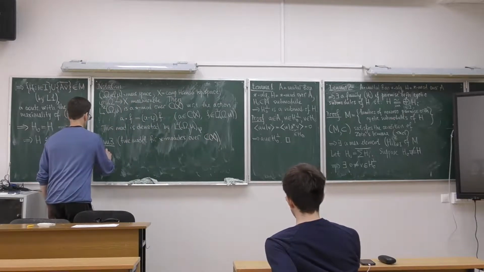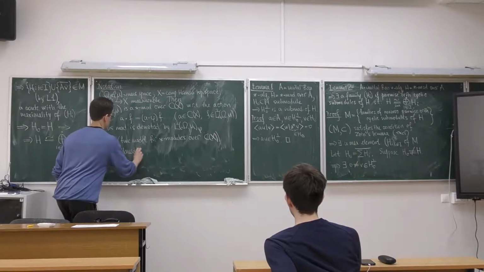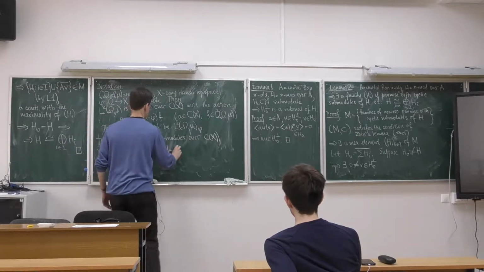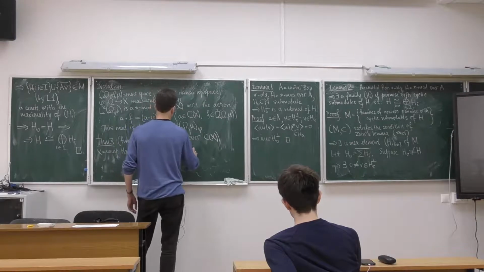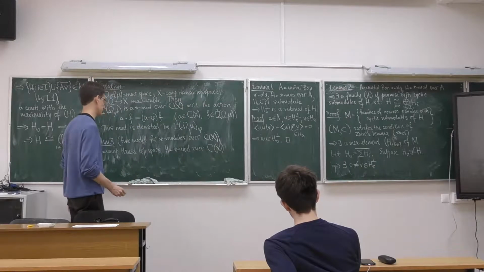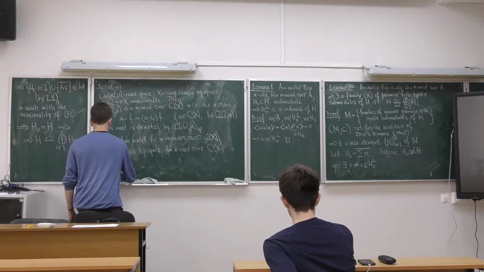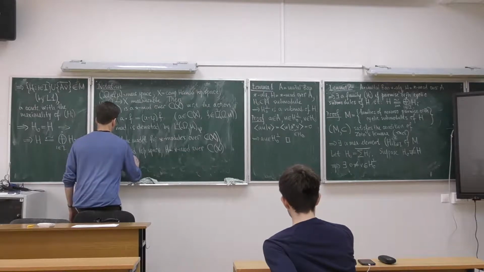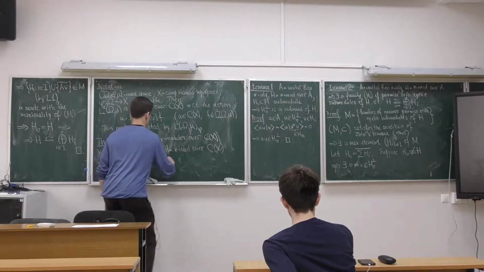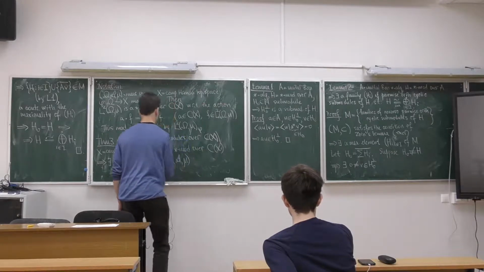So if X is a compact Hausdorff topological space, and H is a star module over C(X), then there exists a measure space (Omega, A, mu). So Omega is a set, A is a sigma algebra, and mu is a measure.